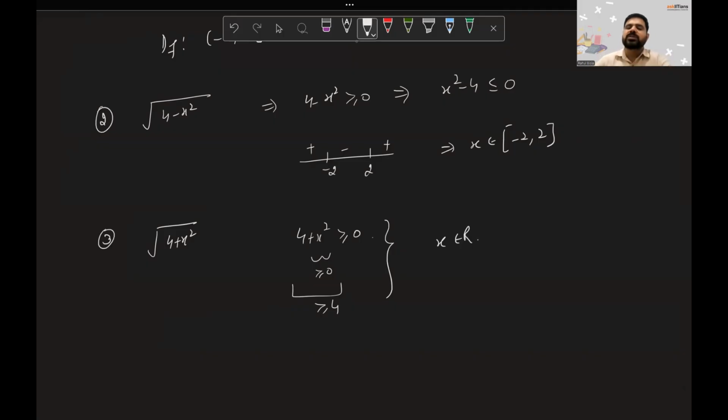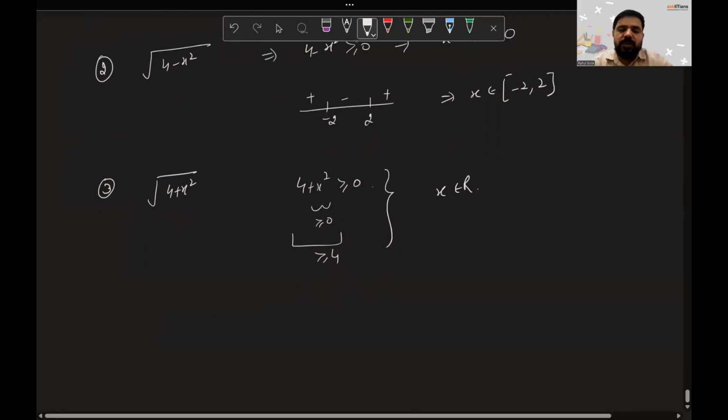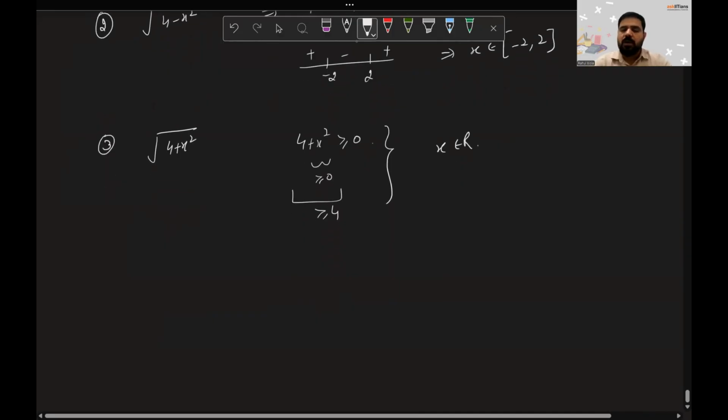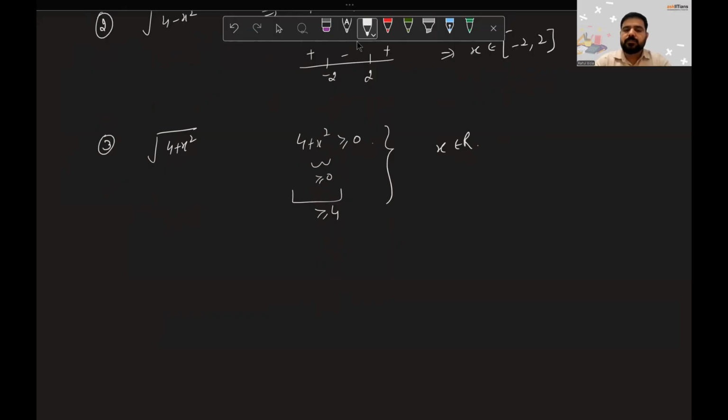So x belongs to the set of all real numbers. Whatever number you put, minus 1, minus 2, minus 100, plus 100, whatever, this quantity will always be greater than equal to 0. Right? So I hope we have understood how to find domain in this case.